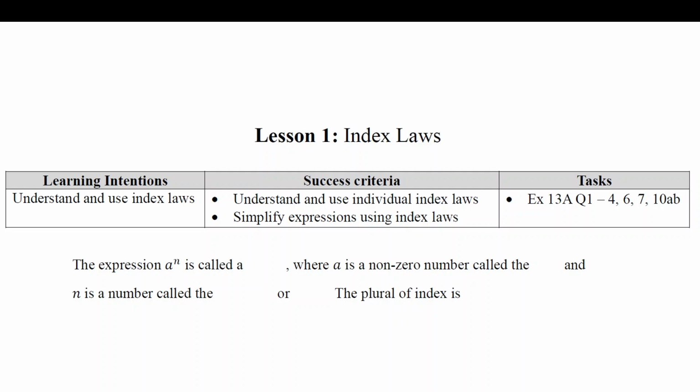So, just for some key terms, the expression a to the power of n is called a power, where a is a non-zero number called the base, and n is a number called the exponent or index. If we were talking about the plural of index, we call them indices.